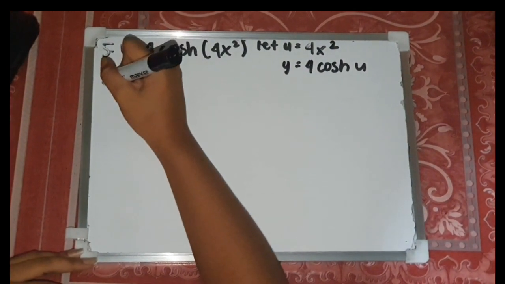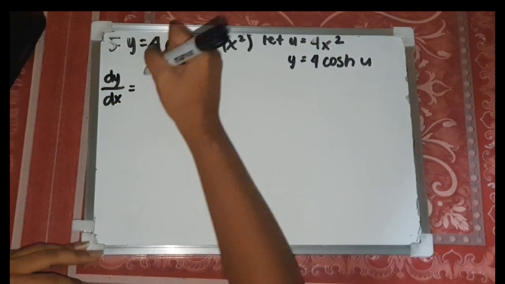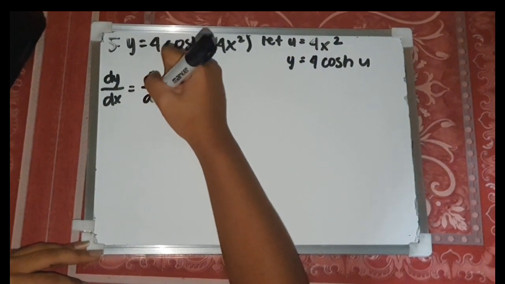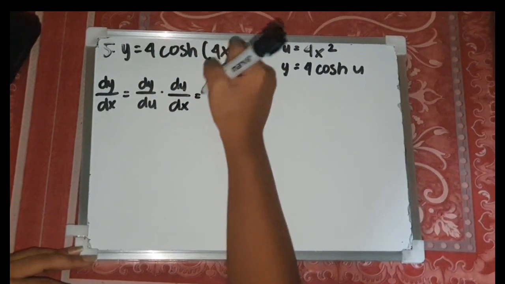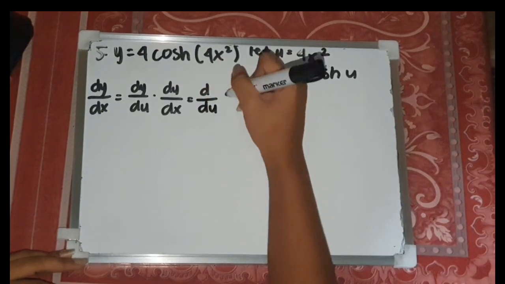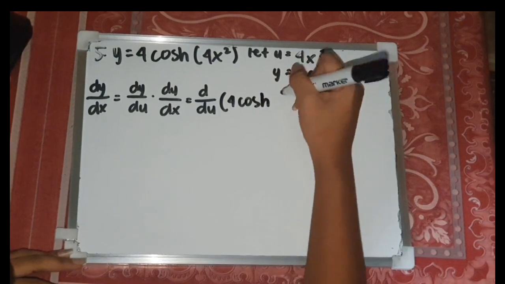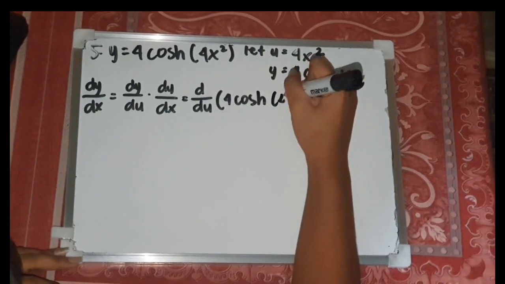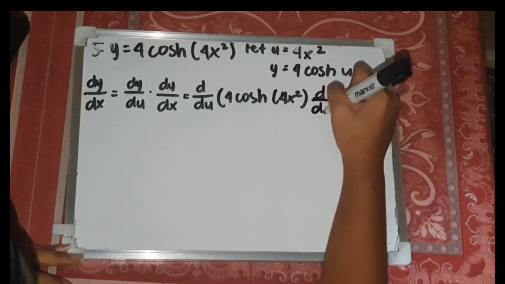So dy over dx is equal to dy over du times du over dx, that is d over du of hyperbolic cos 4x squared times d over dx of x squared.